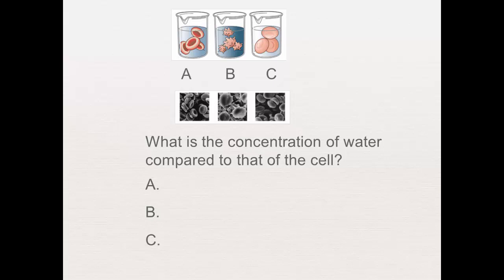If the concentrations are equal, is water going to go into it? No. Is water going to come out of it? No, they're balanced. It's going to stay the same.